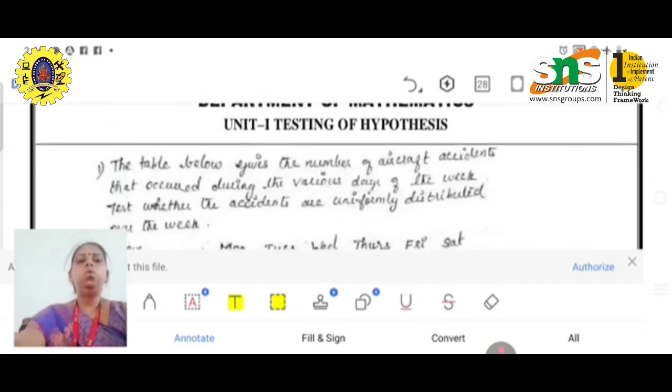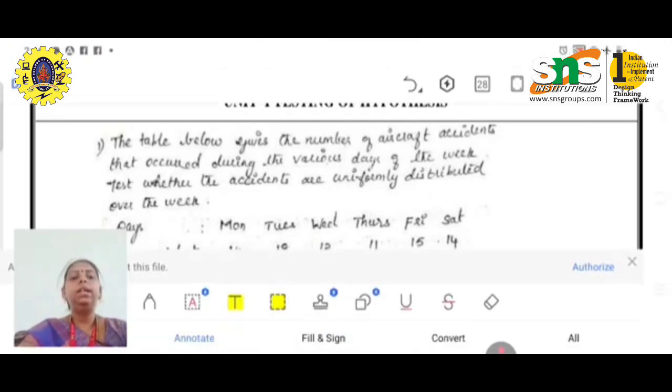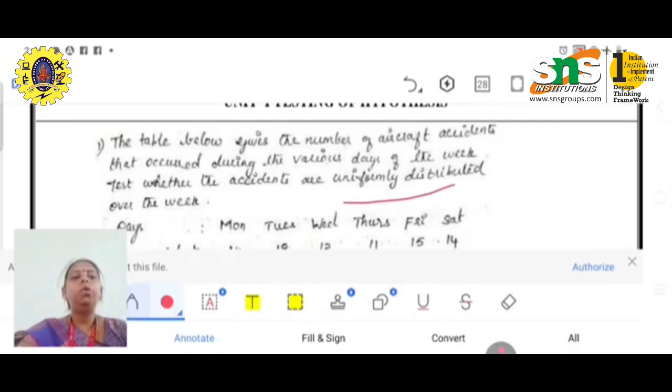Let us now go to the problem of chi-square distribution. The table below shows the number of aircraft accidents that occurred during the various days in a week. We have to test whether the accidents are uniformly distributed over the week.